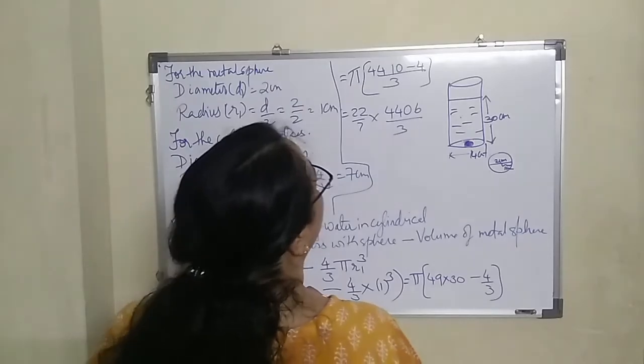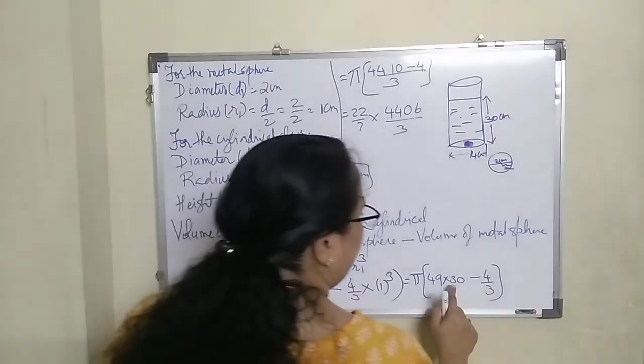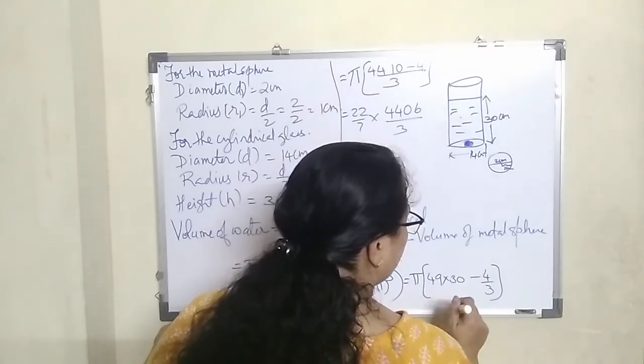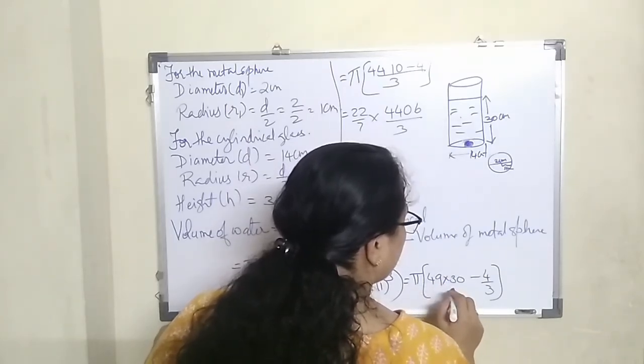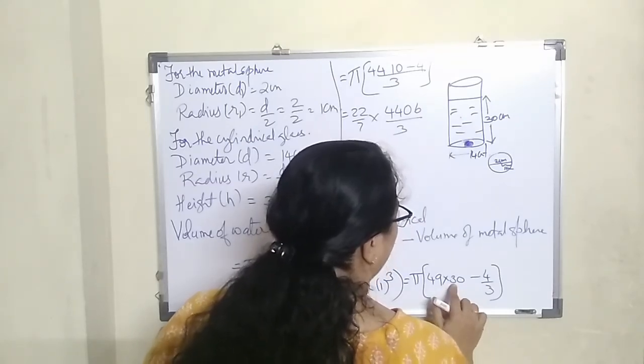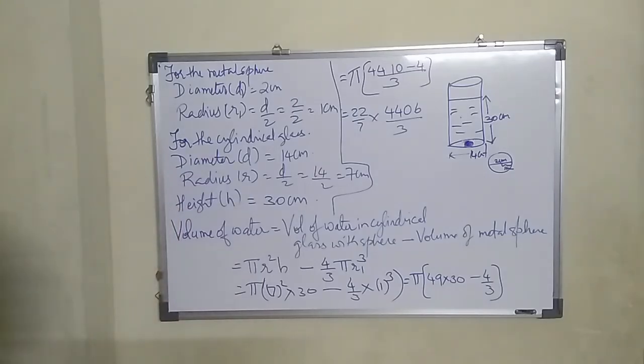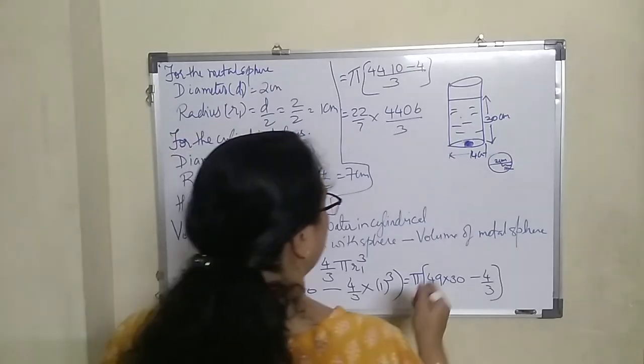Is it divisible? So is it divisible by 7?